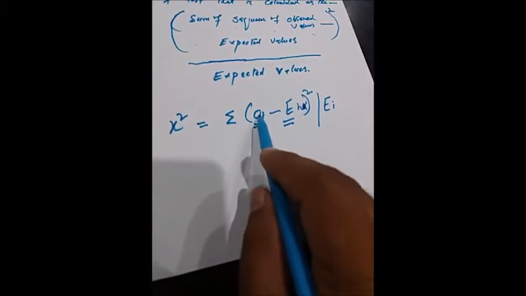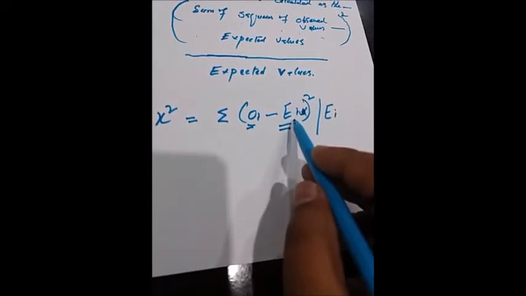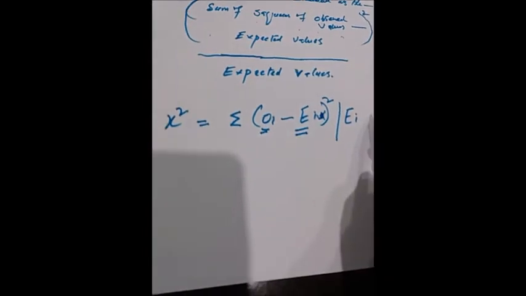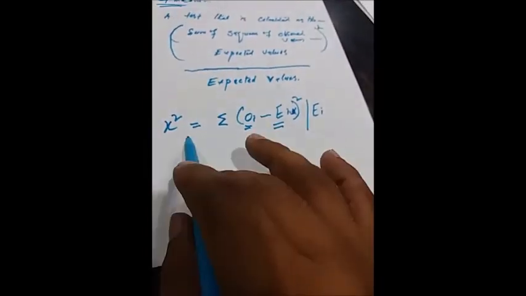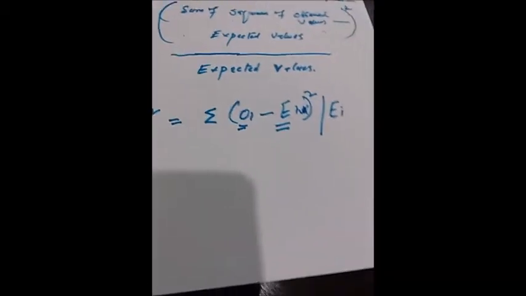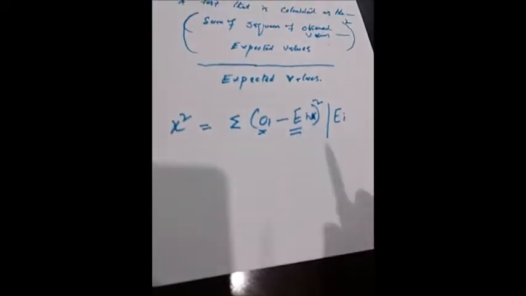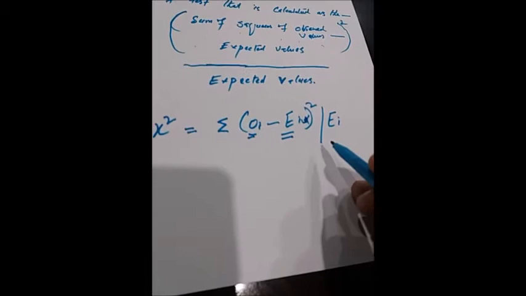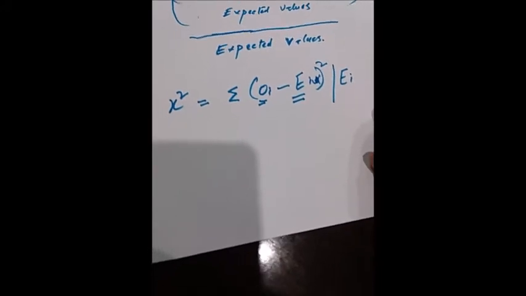Summation of observed value from the ith category minus expected value from the ith category whole square divided by expected value of the ith category. The purpose of this formula is that expected values are the values which we try to focus upon.